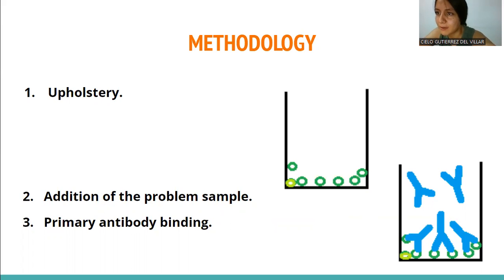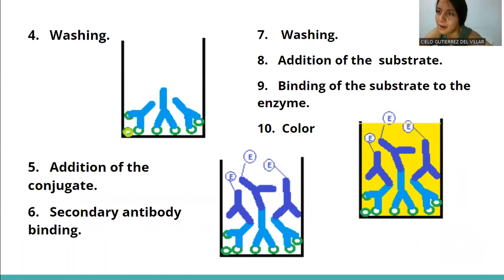This can be a blood sample or some other body fluid. Here occurs the binding of the specific primary antibody to the antigen coated in the well. A wash is performed on the well to remove excess unbound antibody.